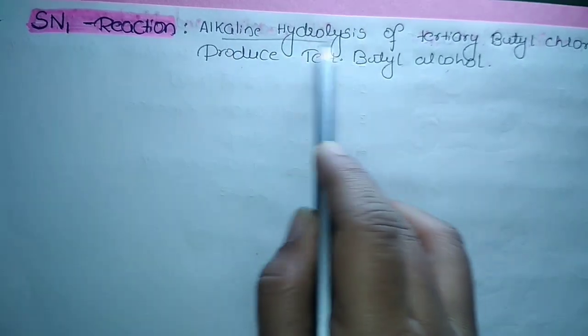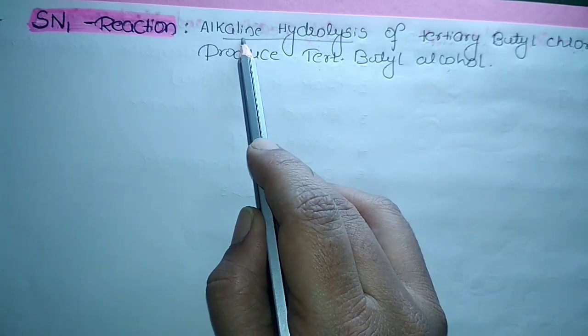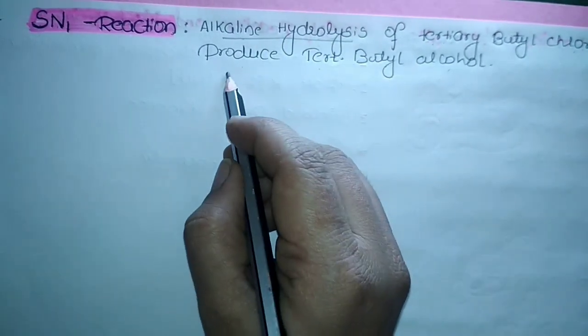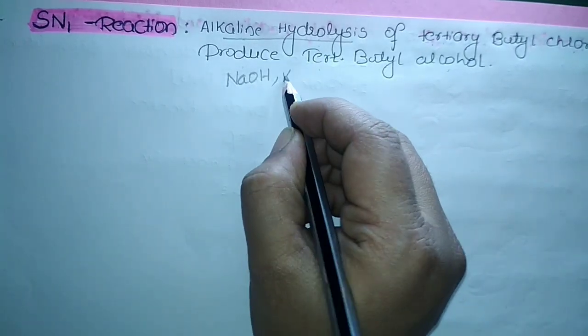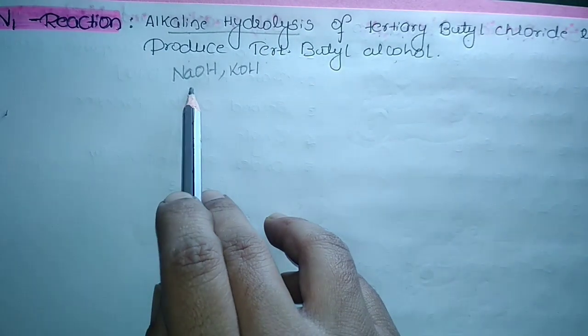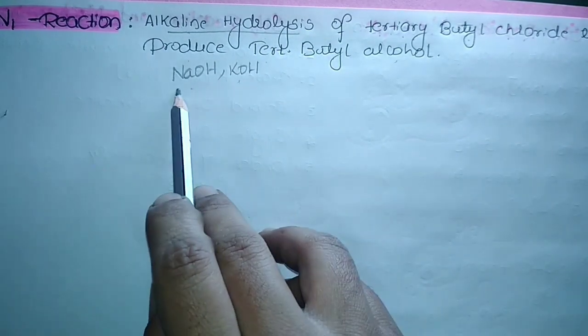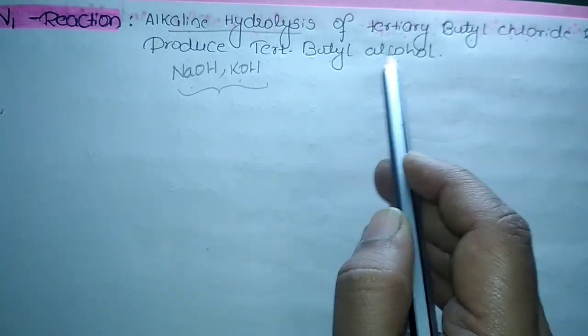okay. Alkaline hydrolysis means the tertiary butyl chloride is hydrolyzed in the presence of an alkali, or it is treated with an alkali like sodium hydroxide, which is a base, or potassium hydroxide. When this tertiary butyl chloride, which is a haloalkane, is treated with sodium hydroxide or potassium hydroxide prepared in water, it results in the formation of tertiary butyl alcohol.